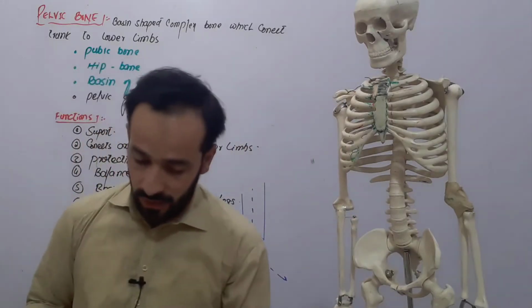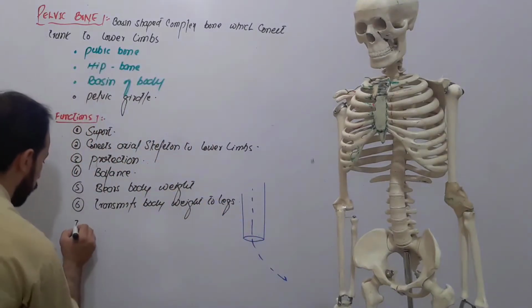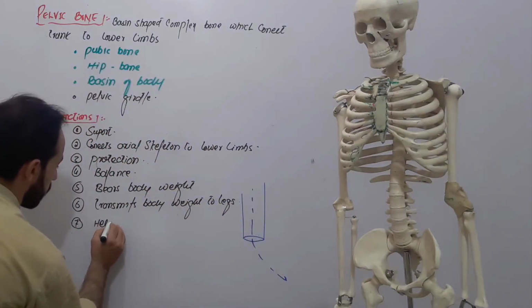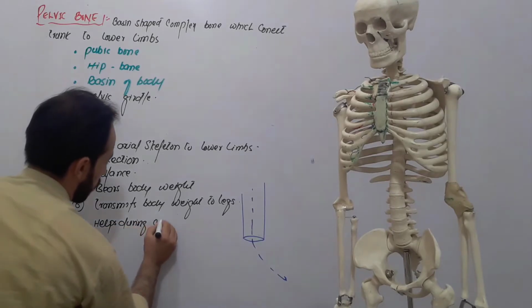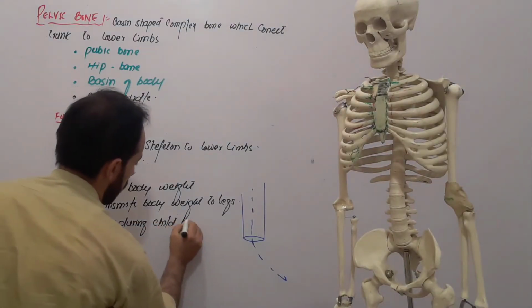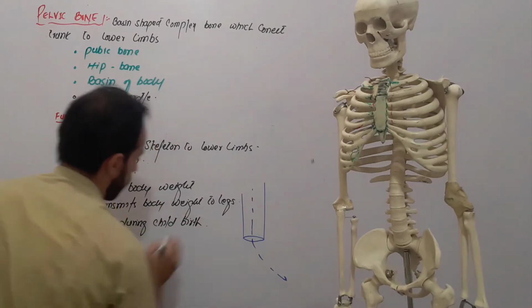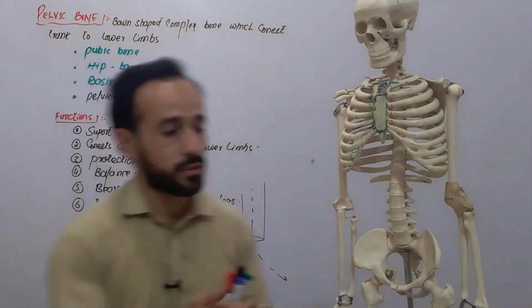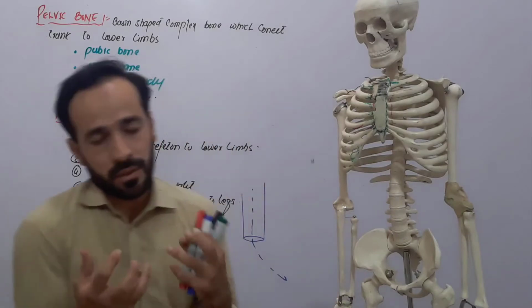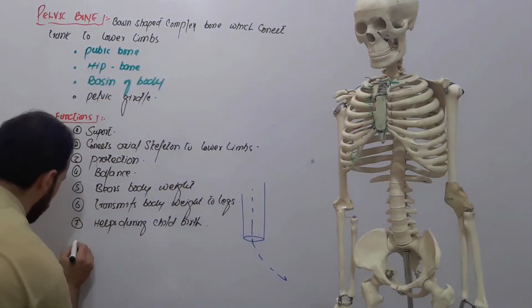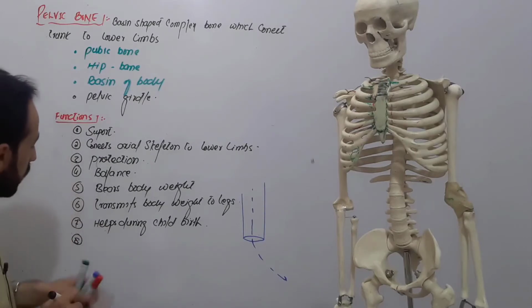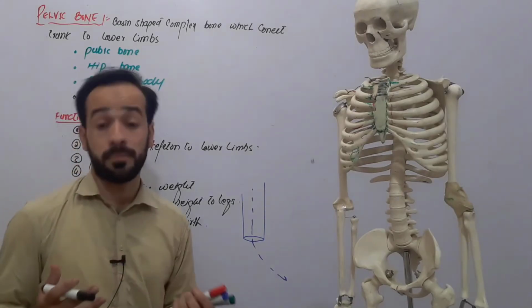And then the next function of this pelvic bone is that it helps during childbirth. In case of females, when there is childbirth, this bone is responsible to help during childbirth. So that is another topic. We are not going into the detail of that. So it helps in the childbirth also.